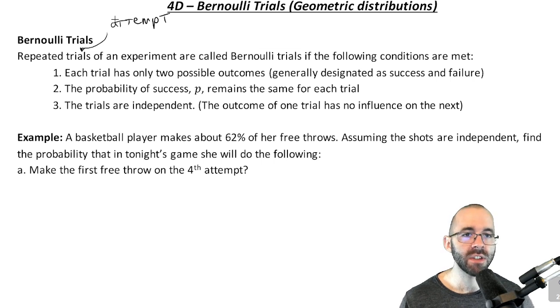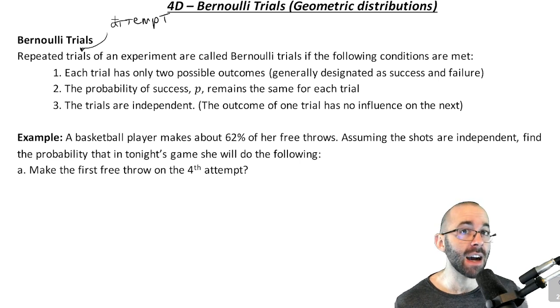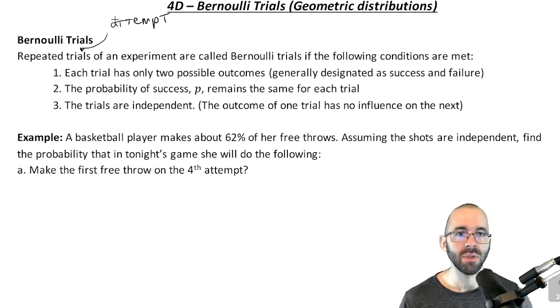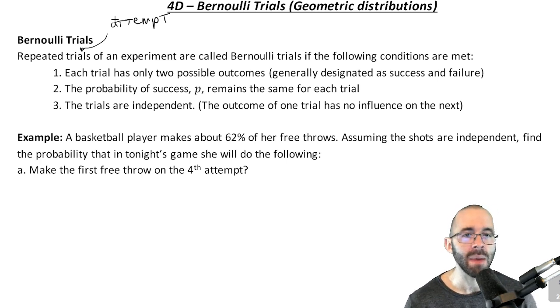We only are interested in success or failure. And we can define those however we want. Success can be whatever we want. Maybe success means rolling a 5 on a die. Maybe success means rolling 52 out of 10 dice. I don't know. We can define success however we want. Maybe it's heads on a coin.